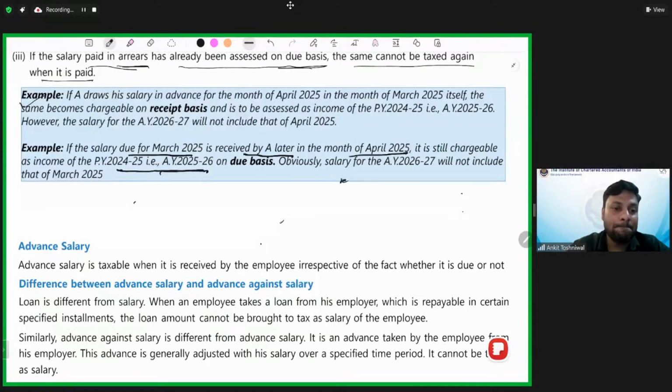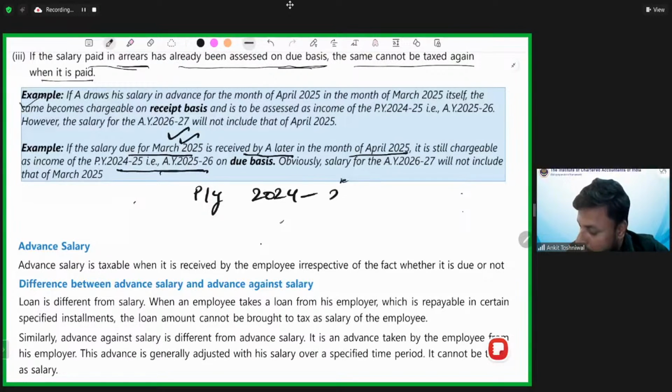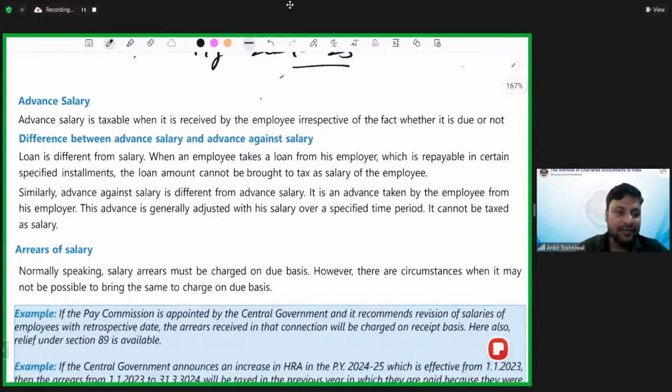Why? Because due or receipt, whichever is earlier, and it is due in March 25, so it is taxable in 24-25, because March 25 is previous year 24-25. Correct? Okay.